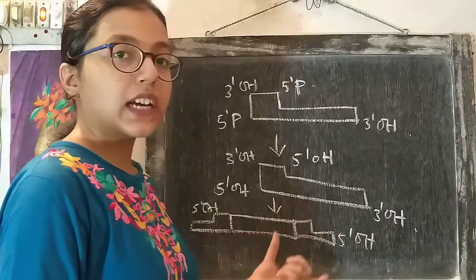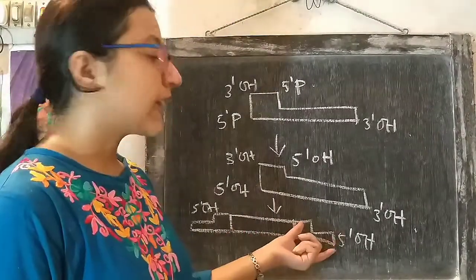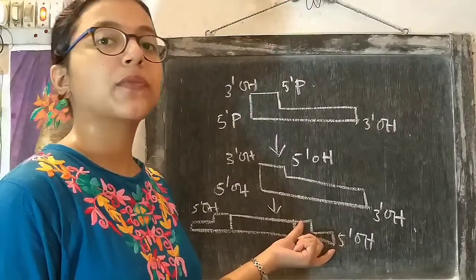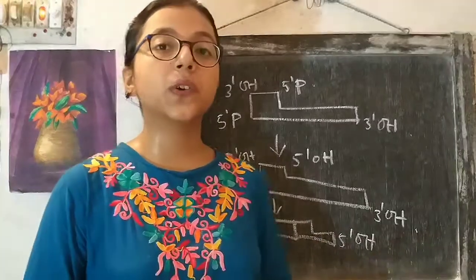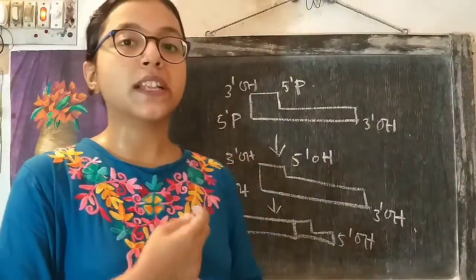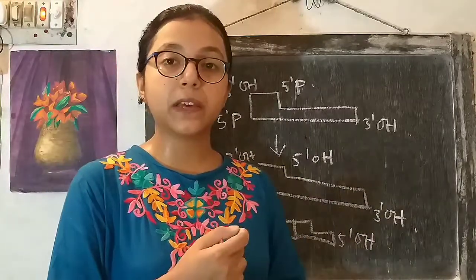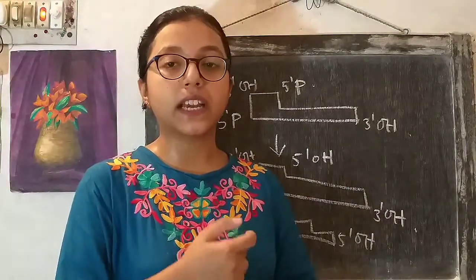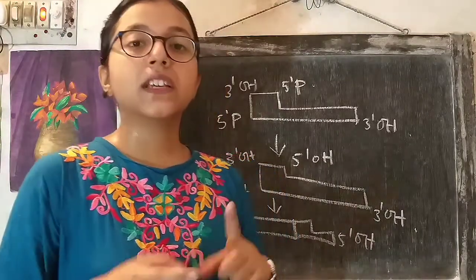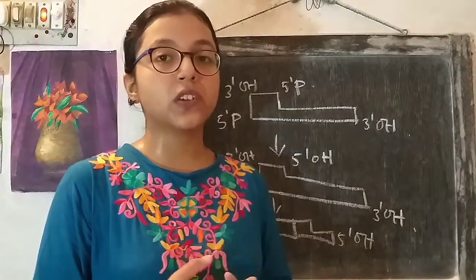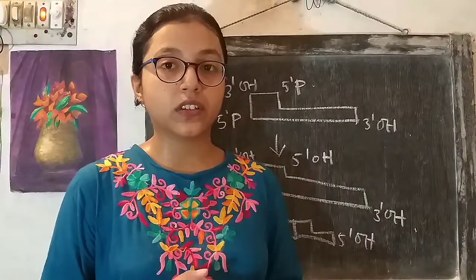After the reaction is completed, we can again add the 5' phosphate group to the 5' end. And how is this done? By the action of polynucleotide kinase. So of these two enzymes, alkaline phosphatase is used to remove the phosphate group from the 5' end, and polynucleotide kinase is required for adding the 5' phosphate group.